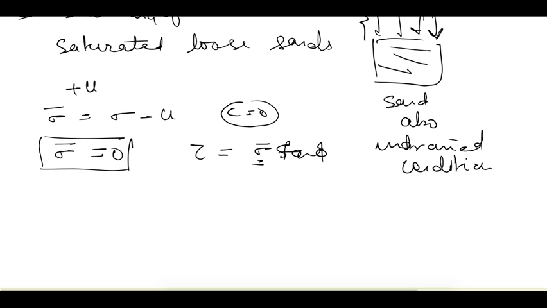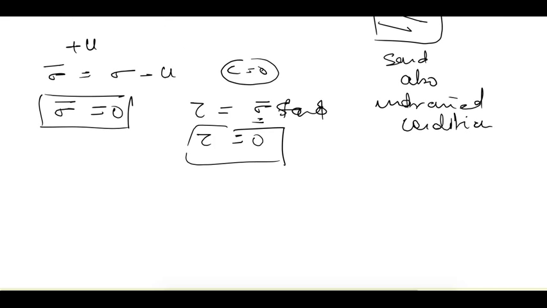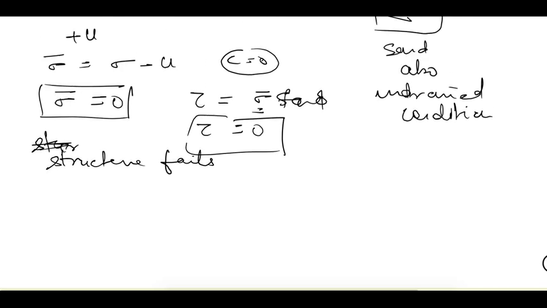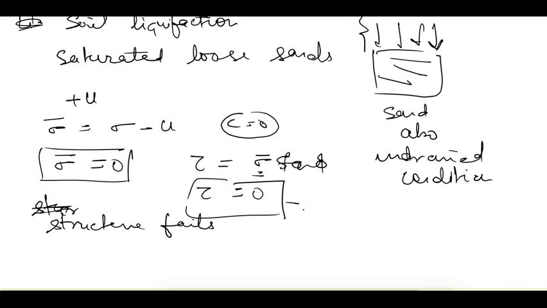So if effective stress is zero, it means shear strength of the soil becomes zero. It means the soil cannot take any load, and in that case the structure may fail. So this way, if the shear strength reduces to zero, we call that soil liquefaction.